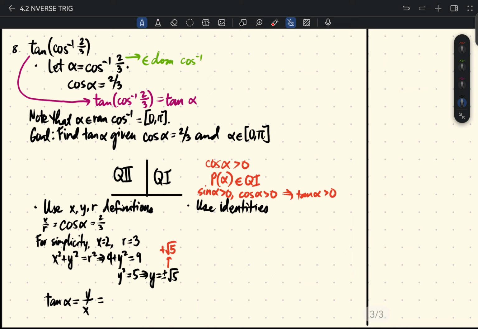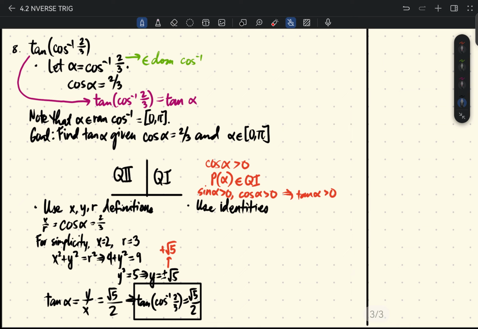So you have positive square root of 5 over your x, which is 2. So you have here tangent of alpha, which is cosine inverse of 2 over 3, equals square root of 5 over 2. So that's the technique when you're using the x, y, r definitions. You just look for x, y, and r.